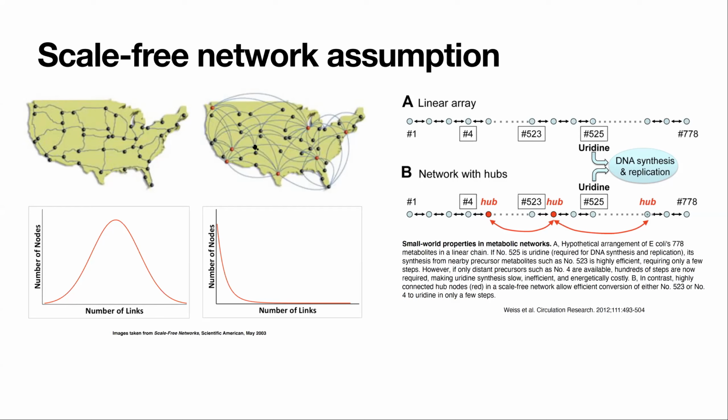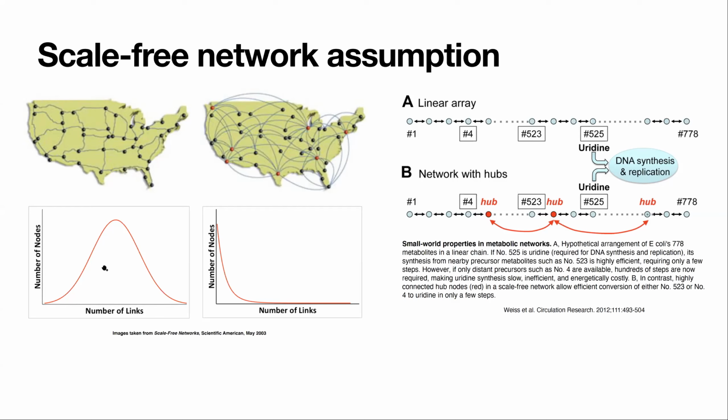Whereas in our scale-free network up here, we see these red nodes as kind of like hub cities for the airlines, where they have lots of lines going in and out. And some of the other nodes up here have very few, maybe one or two coming in and out.